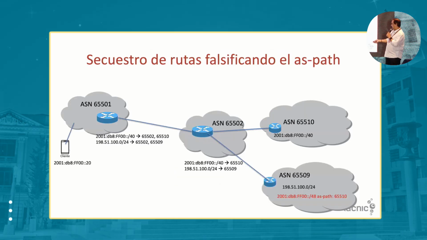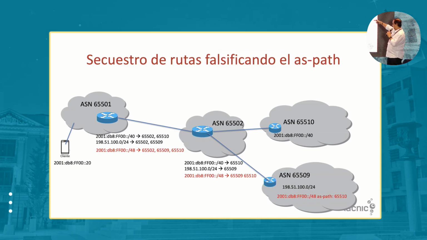In the case of route hijacking, instead of originating it through 65509, it adds 65510. This will also work because I am faking the origin autonomous system.